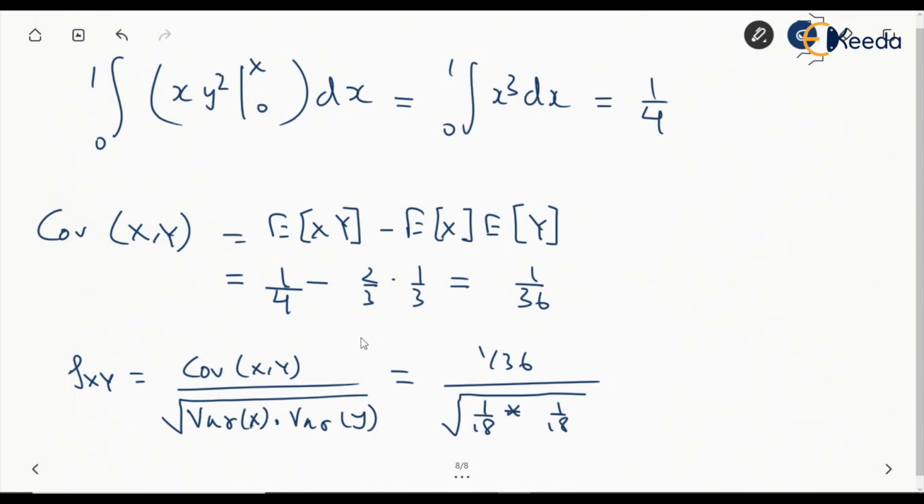So 18, 18 cancel, and this becomes 1 by 2. So it is a moderate degree. It is not very high linearity, it is not very low linearity, it is a moderate degree of linear relation, and now that this value is positive, it is a moderate degree of positive linear relation.